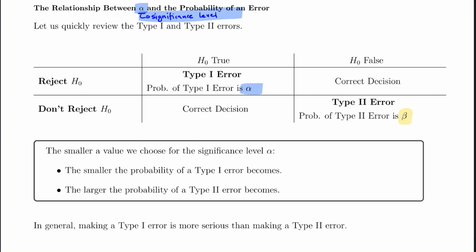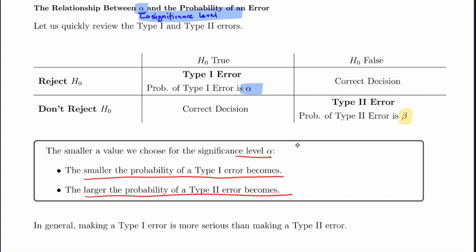For now, it's enough just to know that the probability of the type 2 error is named beta. Now, one thing we want to keep in mind is the smaller value we choose for the significance level, the less likelihood we have a type 1 error. But at the same time, the smaller the alpha level, the larger the probability of a type 2 error becomes.